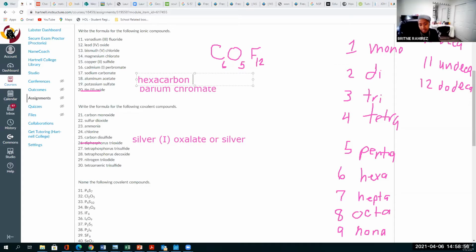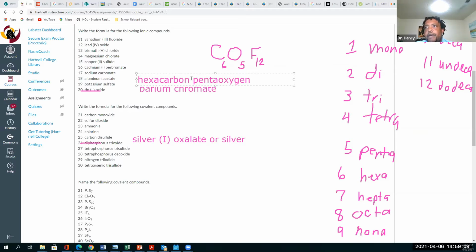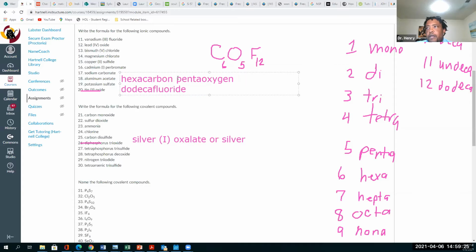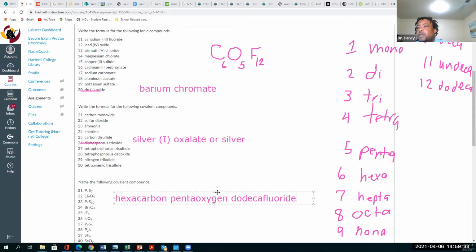Penta, 5. Pentaoxygen. And then how many fluorides do I have? Dodecafluoride. We use "-ide" here to let us know that it's the end of the compound. And you always put the one that is the most electronegative at the end. Okay, simple.